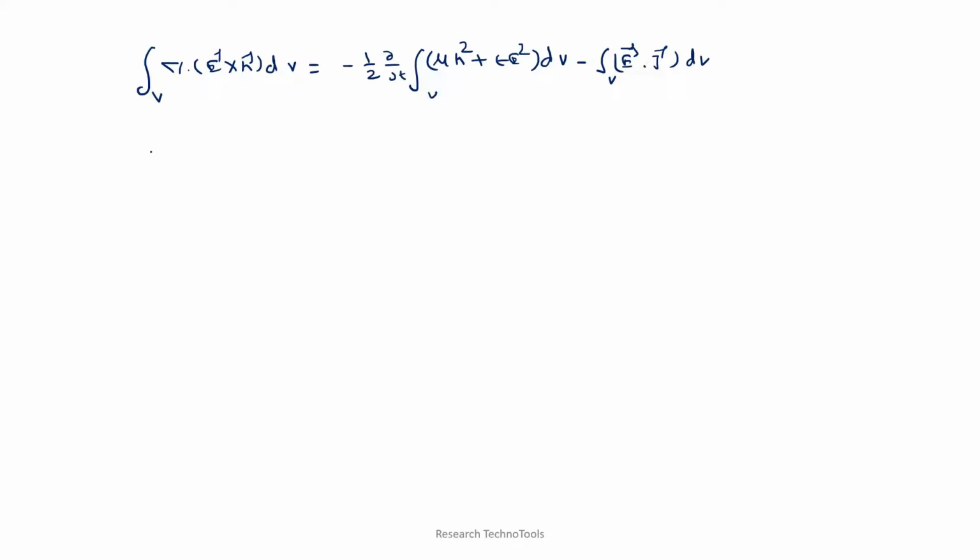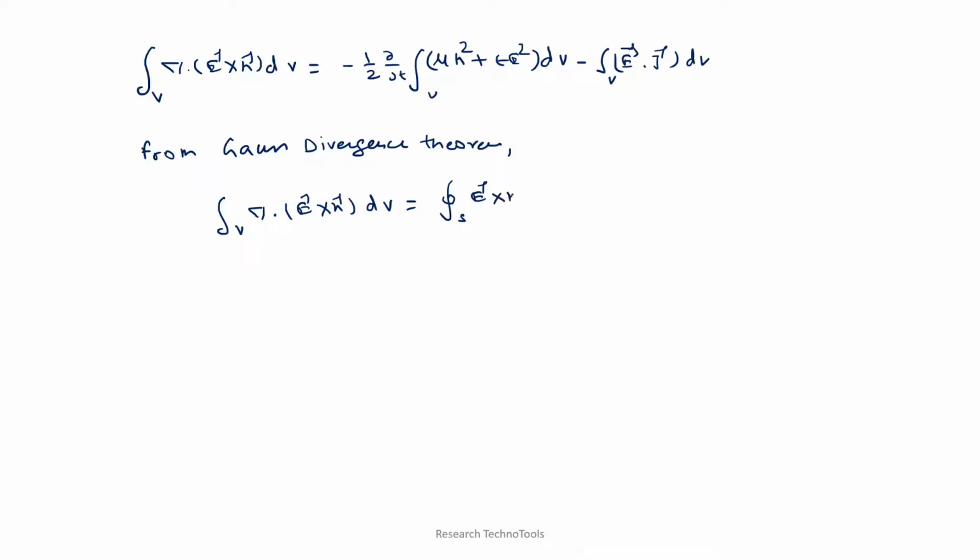From the Gauss divergence theorem, you can write the volume integral of divergence of E vector cross H vector dv equals the surface integral of E vector cross H vector dA.